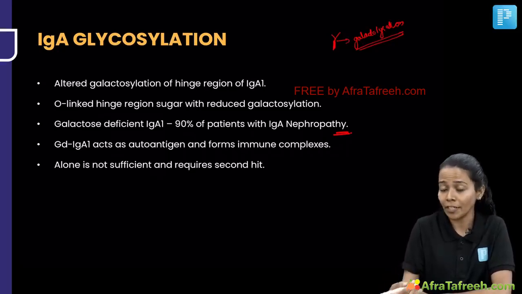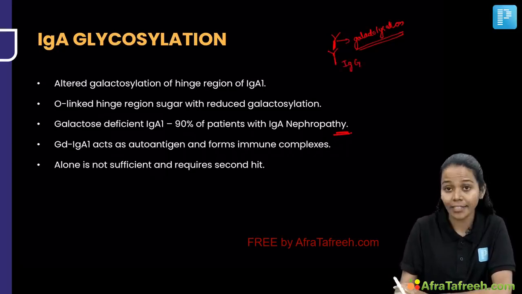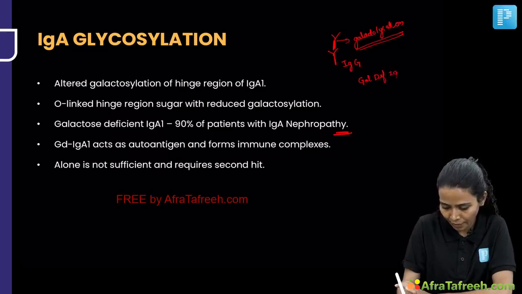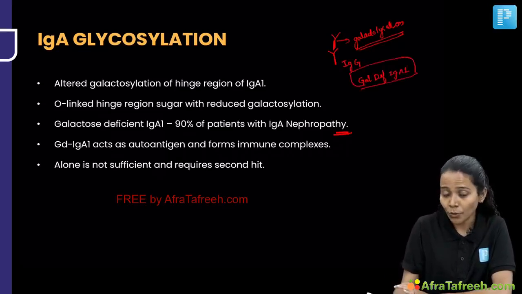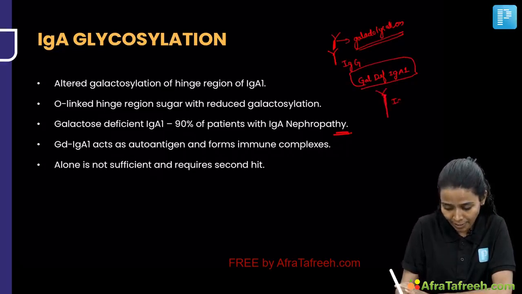So what will happen? Our body's immune response will start producing IgG against this galactose deficient IgA1. This is an abnormal IgA1, so what will the body do? It will detect an abnormal antibody, which itself is like an antigen, and it will produce IgG against this.